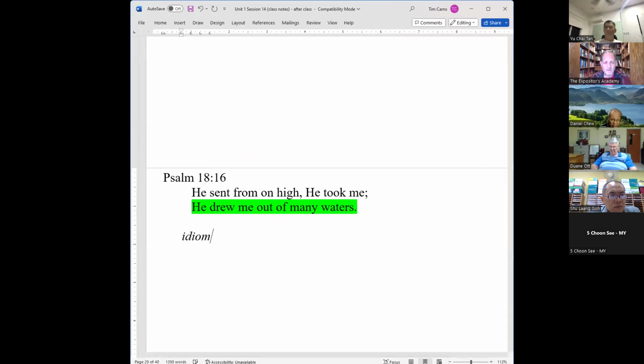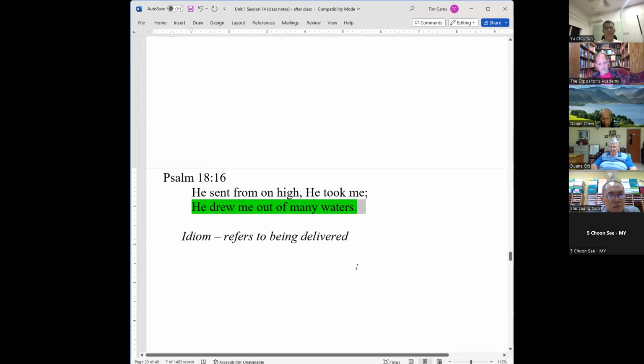It's an idiom here that refers to being delivered. Again, in keeping with the context of God as a deliverer and the protector. So the picture is of him drowning and God saves him out of the water. It wasn't literally happening, but it was an expression to describe God as a deliverer.